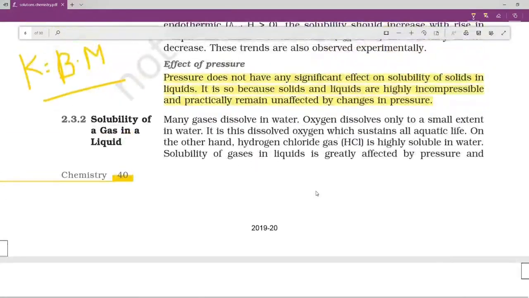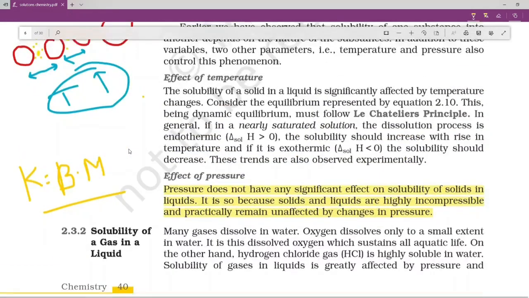Now coming to the second subtopic, that is solubility of a gas in a liquid. If we compare it with the solubility of a solid in a liquid, where our solute was solid and solvent was liquid, its behavior is very different, because here our solute is gas and our solvent is liquid. Gas is compressible.